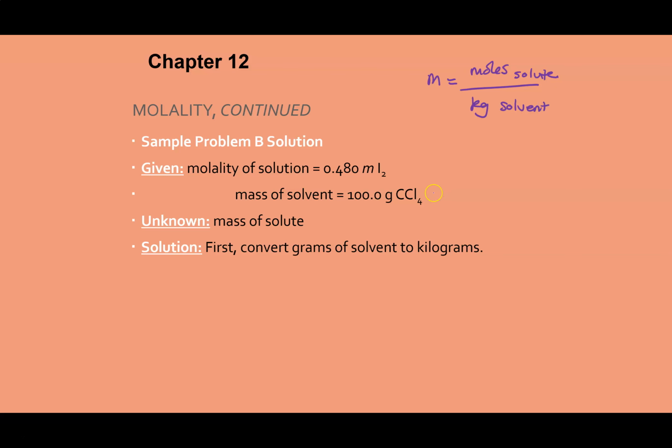All right, so I know I've got to get this into kilograms. That's the first thing. In order to do that, start with our mass of the solvent. It doesn't matter what the identity of the solvent is. We're not using a molar mass at all. It does matter that there are 100 grams though, and that there are 1,000 grams in 1 kilogram. So dividing that, I'm going to get 0.100 kilograms of the solvent.